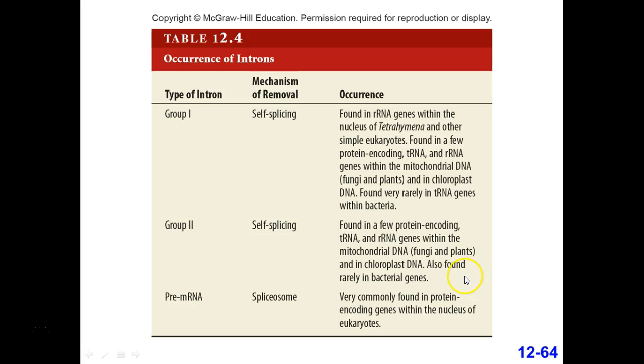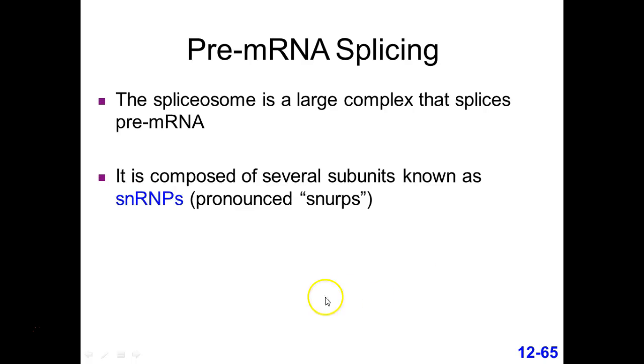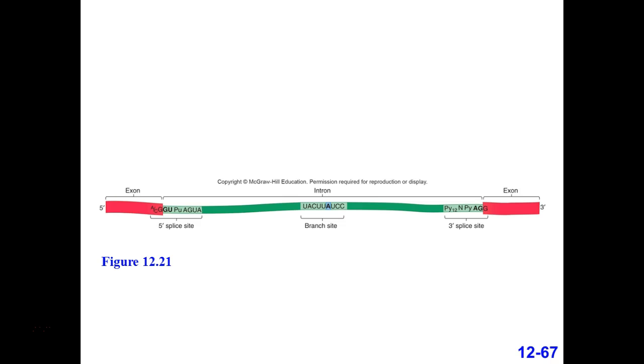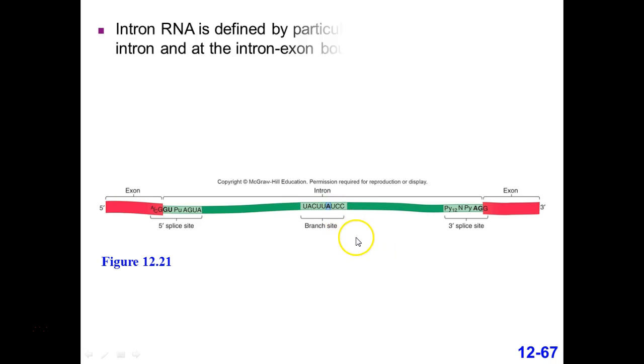And again, rarely is this done because this isn't something that is very common for bacteria, which is much more common for eukaryotes to do the splicing. So obviously some RNAs are even involved in that process. And you can see the code.